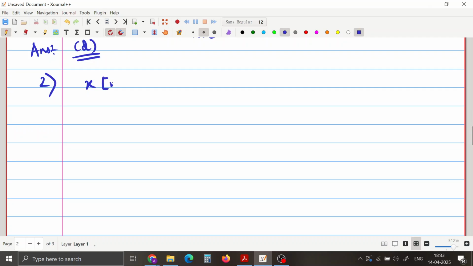As per the notation, we have x of n, which is the discrete time signal or sequence in the time domain. Let's say it has a z transform given by capital X of z.